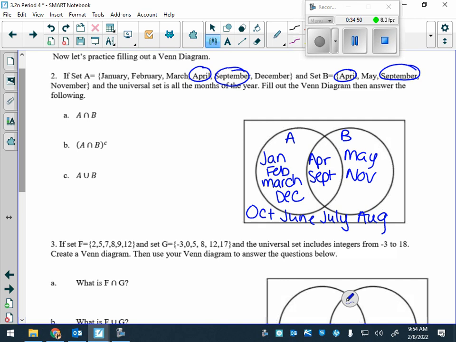Go ahead, Catherine. April and September. Good. Okay. Which months are not in A and B, meaning not in the intersection? Which months are not in that middle piece?